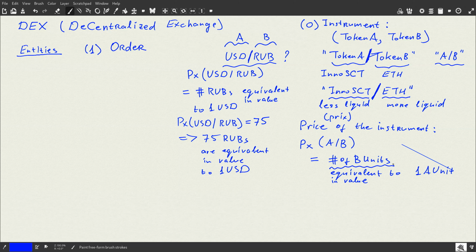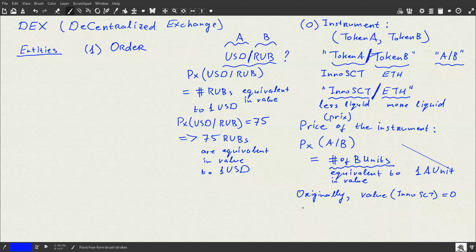So for this reason, making the pair in an opposite way, Ethereum to InnoSCT, is probably a bad idea, because originally our InnoSCT has absolutely no value. Before we start charging, of course. Originally, intrinsic value of InnoSCT equals 0.